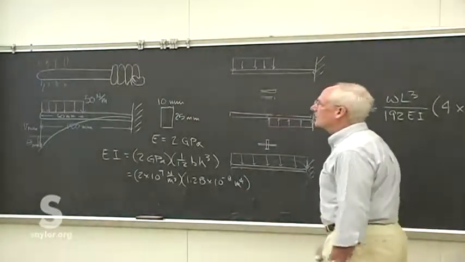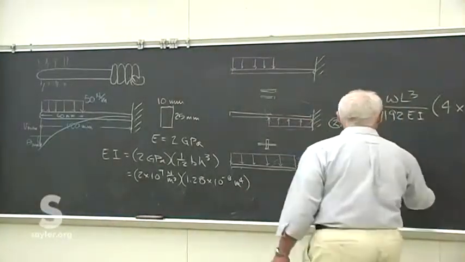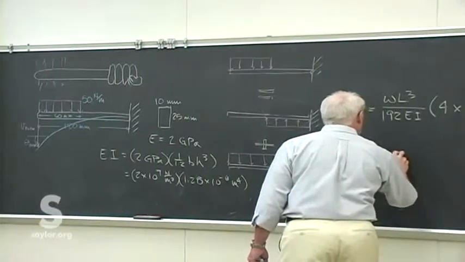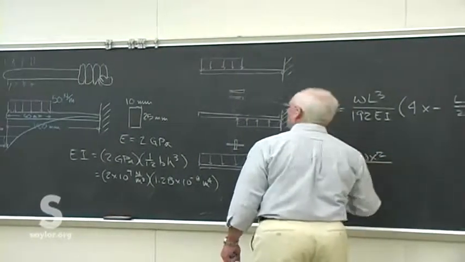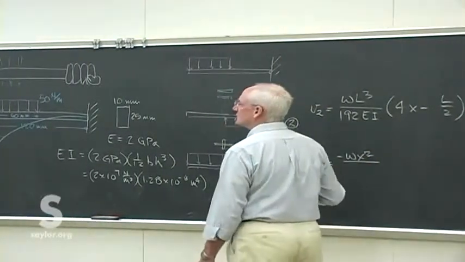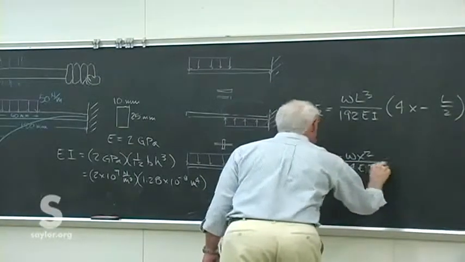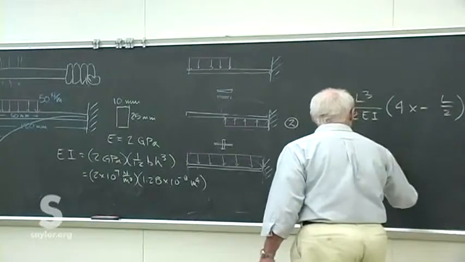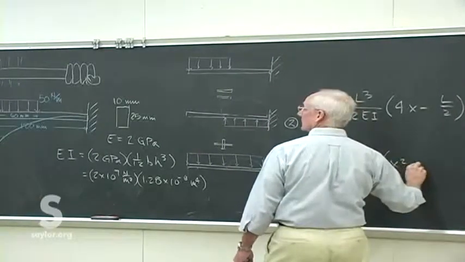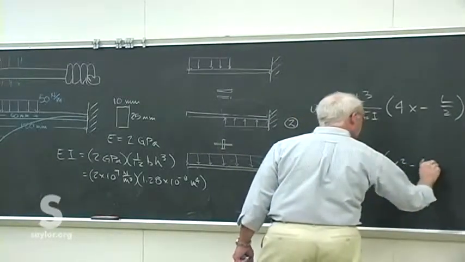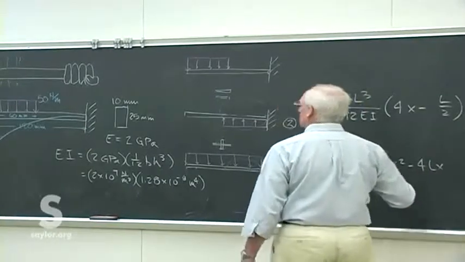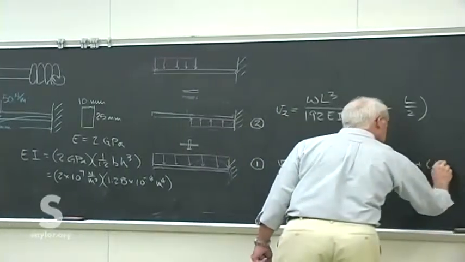And then for the second one, we can use the loading just as shown. Minus WX squared over 24 EI. And then the polynomial part, x squared minus 4LX plus 6L squared.